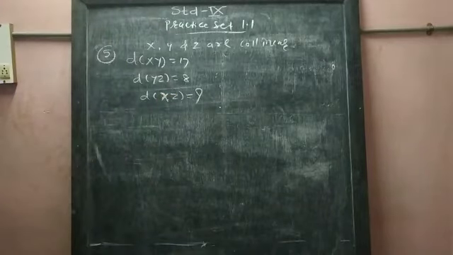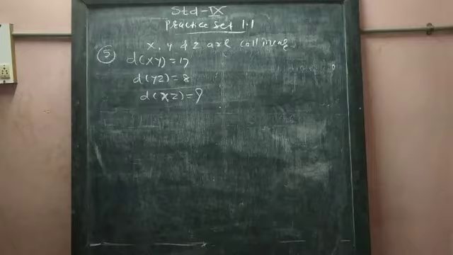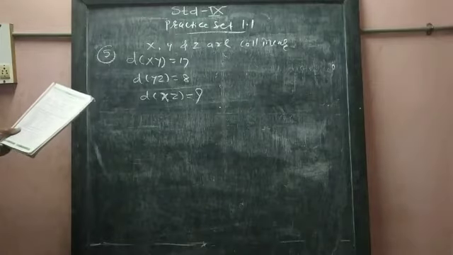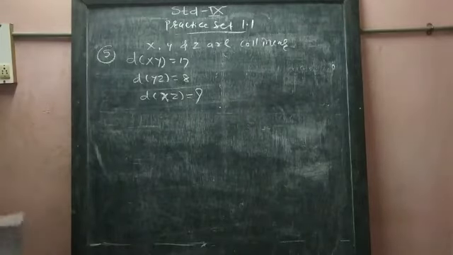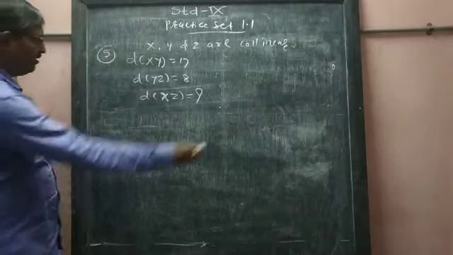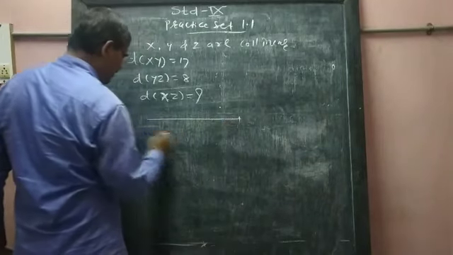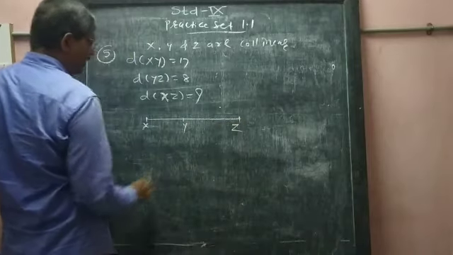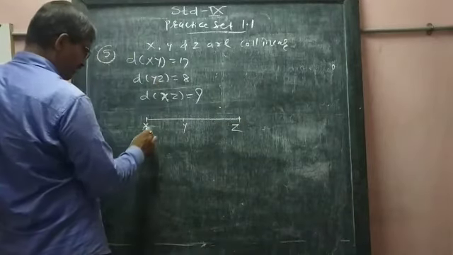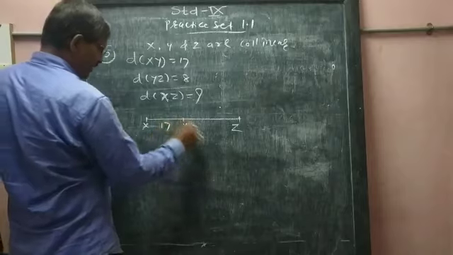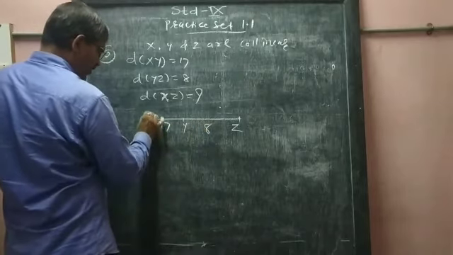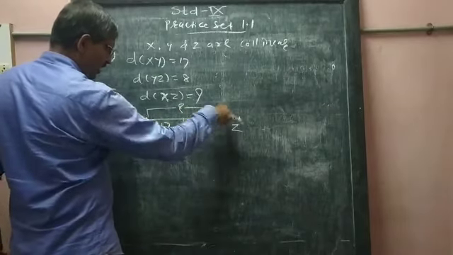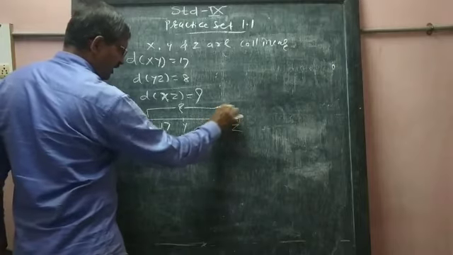X, Y and Z, then you should find XZ. How can you find? Look here, Y is between X and Z. Then XY is given 17 and YZ is given 8. And you should find XZ.